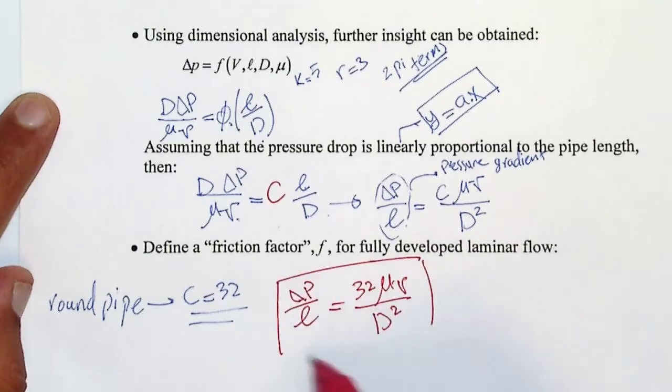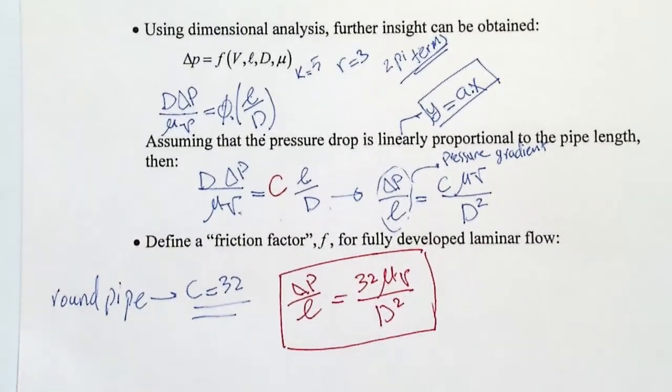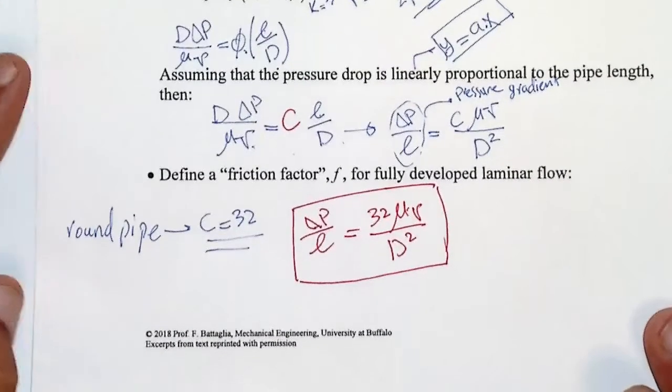This is your equation, an additional equation from doing the dimensional analysis. But delta P over L is not a non-dimensional quantity. Okay, if you want to make it non-dimensional, again, these all depend on the experiments and on adding more parameters there. There is no theoretical basis behind that.